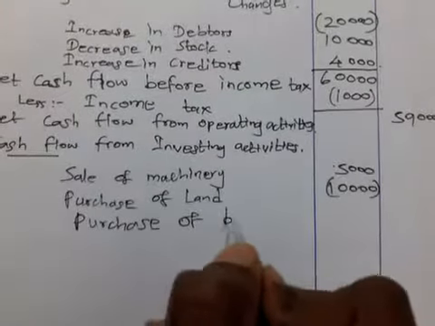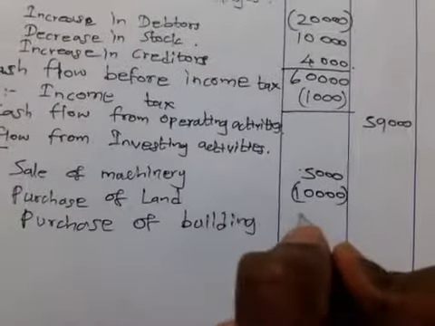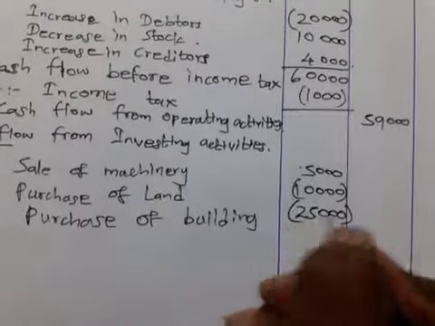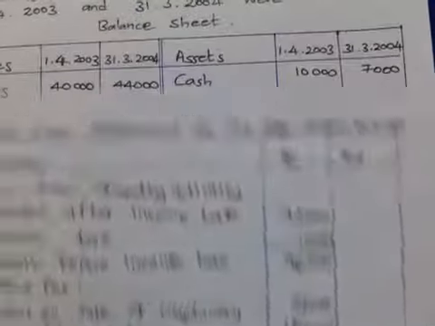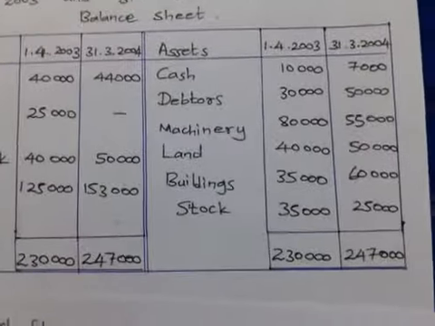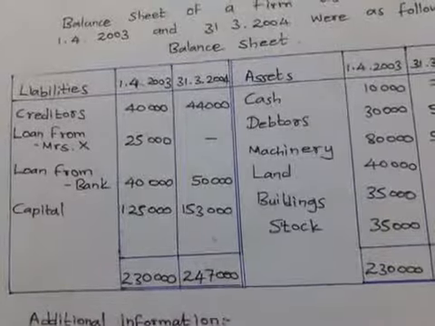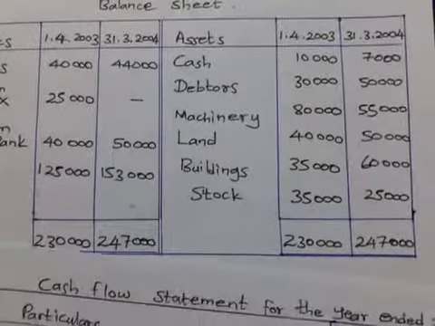Purchase of building, 25,000. There are no more investing activities in the balance sheet. So we have recorded all investing activities.